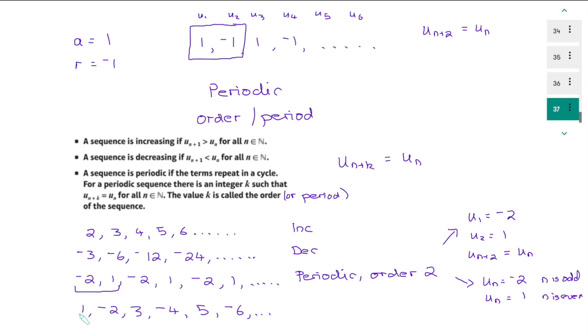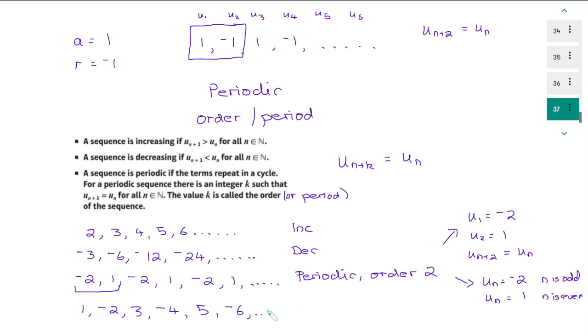Is it arithmetic? No, because we're not adding the same thing each time. Is it geometric? No, we're not multiplying by the same thing each time. Is it periodic? No. Is it increasing? Well, no, because they're alternating in size. Is it decreasing? No.